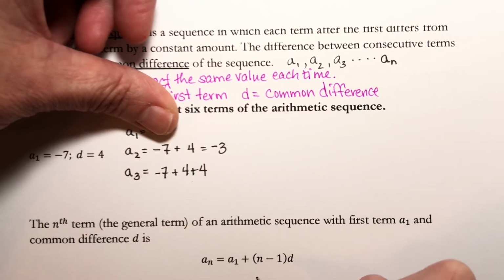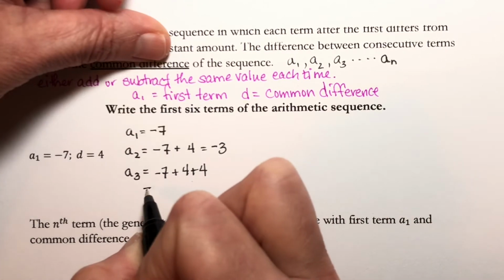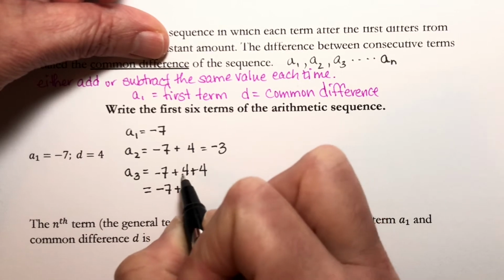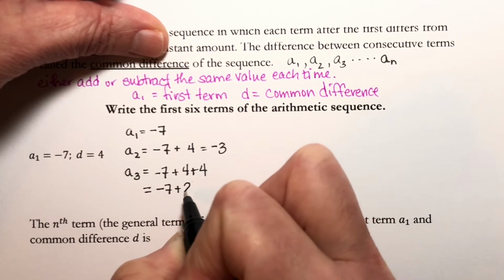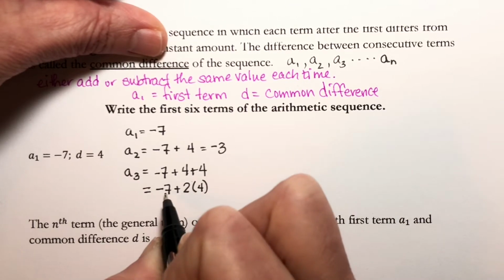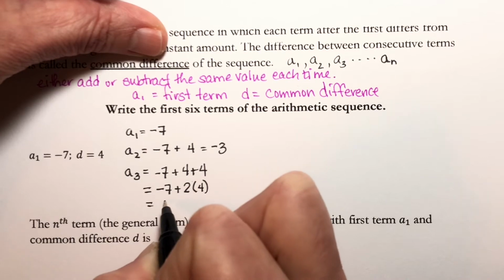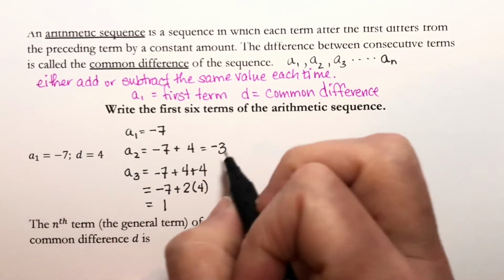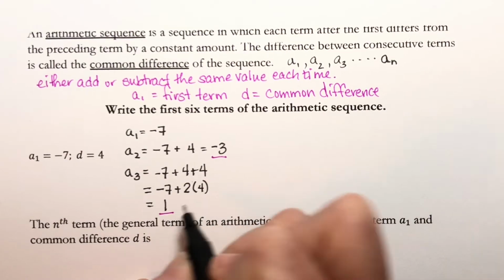Add 4 again. Well, this would be the same thing as -7 plus, since we're adding the same value here, this is the same as 2 times 4. Okay, -7 plus 8 would be +1, which is the same thing as taking -3 and adding 4 to it to get a 1.